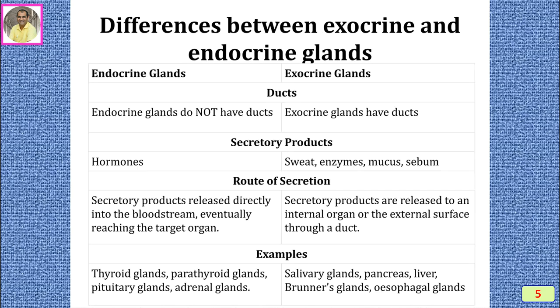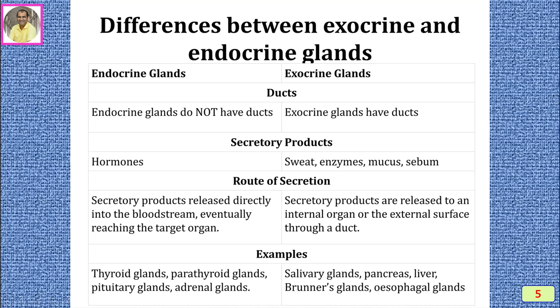So these are all called endocrine glands. There is a basic difference between exocrine and endocrine glands: the endocrine glands are ductless, whereas the exocrine glands have specific secretory ducts. The products of endocrine glands are hormones, whereas the secretory products of exocrine glands are sweat, enzymes, mucus, sebum, and many more substances.